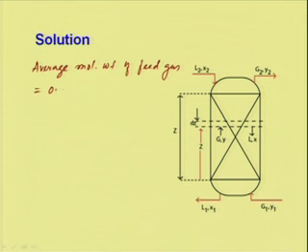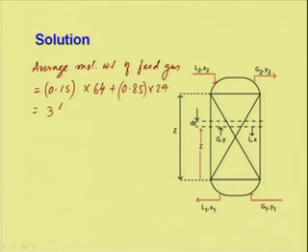So, 0.15 into 64 plus 85 mole percent of air into 29. So, this will be 34.25.